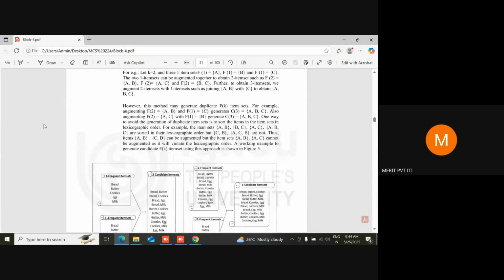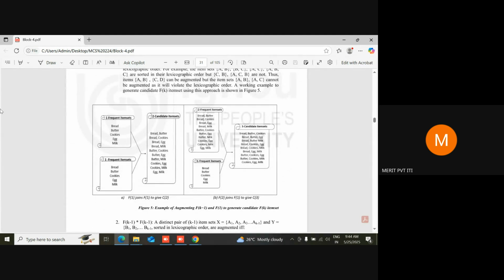You can just see that. So this is bread, butter, cookie, egg, milk. Then frequent item set and candidate item set: the 2 candidate item sets, bread butter, bread cookie, bread egg, and so on. Then the 2 frequent item sets, bread butter, and so on, and the frequent sets. And the 3 candidate item sets, bread butter cookies, and these things.